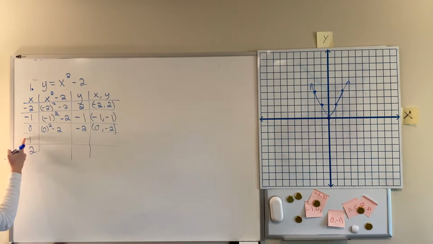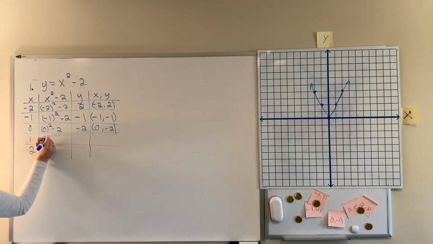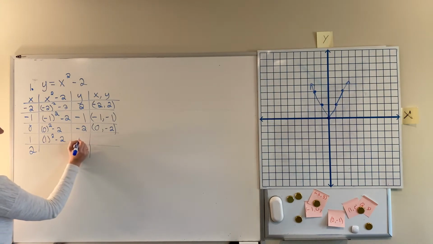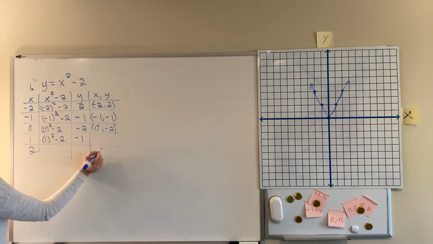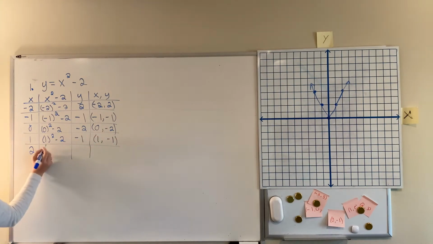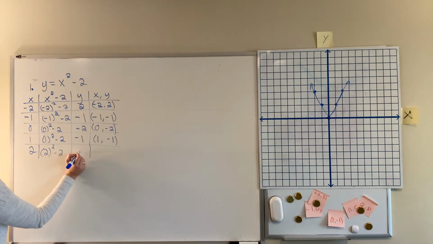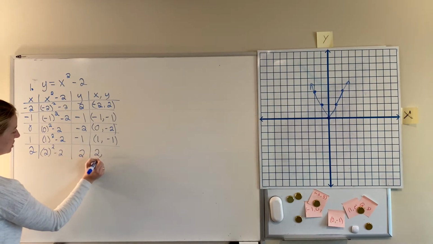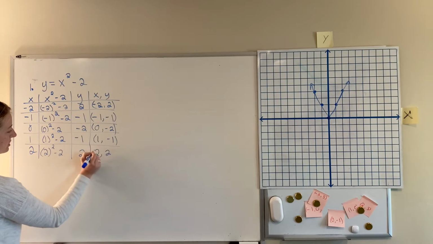X squared minus 2, when x is 1. 1 squared minus 2. 1 squared is 1. 1 minus 2 is -1. When x is 1, y is -1. Last one, 2 squared minus 2. 2 squared is 4. 4 minus 2 is 2. So when x is 2, y is also 2.